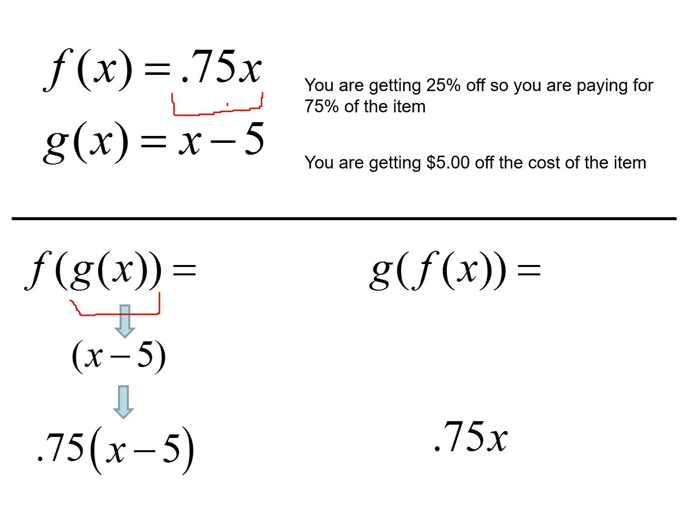So we multiply 0.75 times x and 0.75 times negative 5. We get 0.75x minus 3.75. So that is our answer for f of g of x. Let me write it right here.